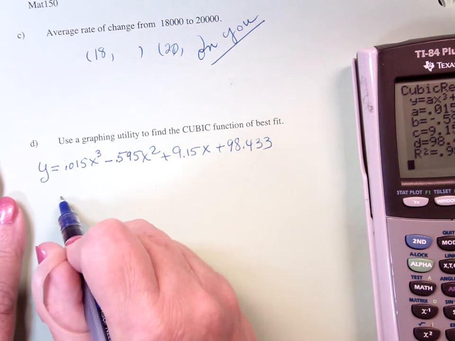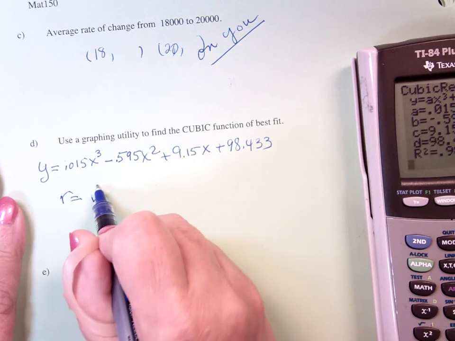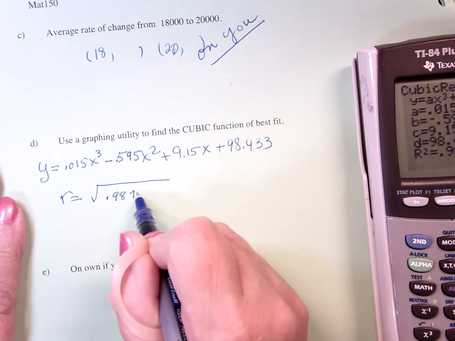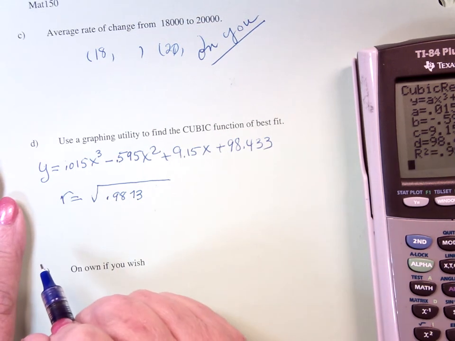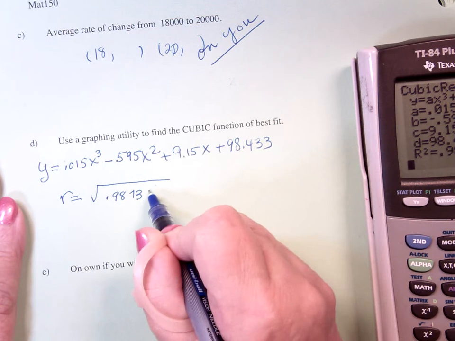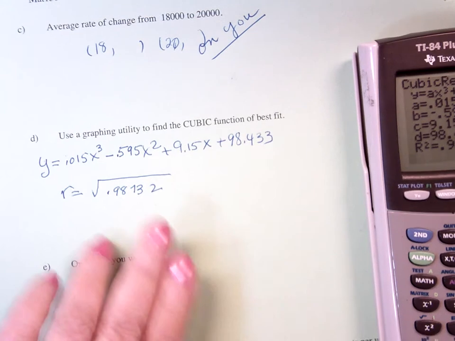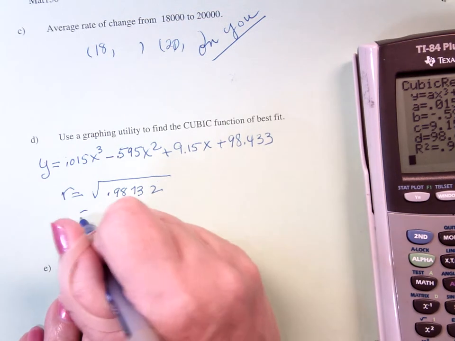We have a correlation coefficient of the square root of 0.98732. I've got at least 19, and when I take the square root of r squared, the question ends up being, is it going to be more than 19?